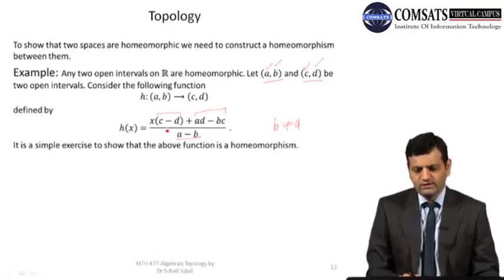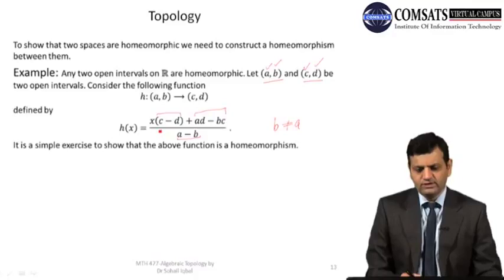Under these conditions we can see that h of x is just a polynomial of degree 1. We have observed that polynomials are continuous functions, so h of x is continuous. Since it's a linear function, it is also one-to-one and bijective.